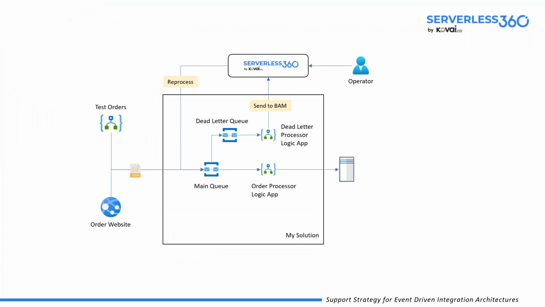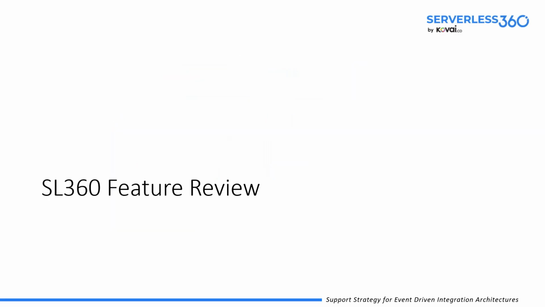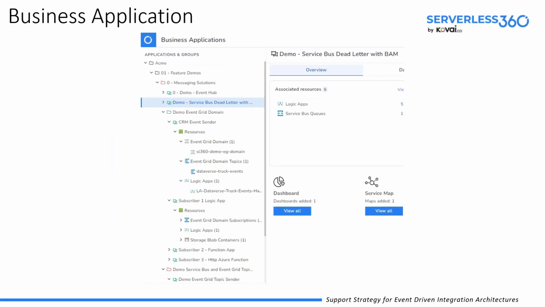The key one was really just that advanced dead letter management. So if we do a quick feature review, the things we've talked about are business applications. We can group the resources together, create this tree view of the different apps that you build in your Azure platform, and put together the resources that work together to solve a business problem so you can manage them effectively without having to jump all over the place in Azure.